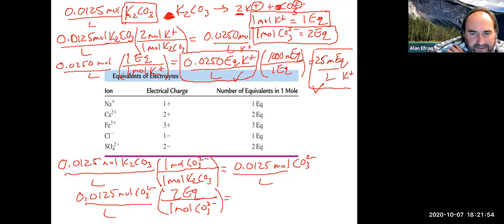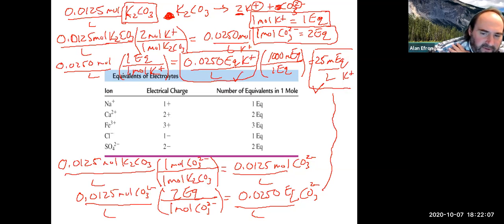And that gets us to our 0.025 equivalents per liter of carbonate. And if I do the 1,000 move, we'll convert it into the same number going that way as well. So again, you can see in an ionic compound, it's a good way to check yourself to make sure you didn't mess up the calculation. Those numbers should always be the same for those guys when you're calculating equivalents per liter or milliequivalents per liter.